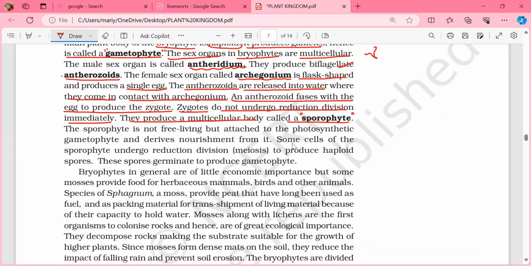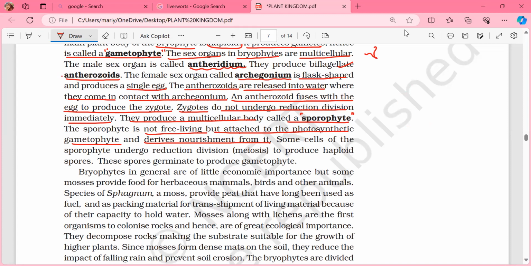Now this sporophyte that we are talking about is not free living, but it stays attached to the photosynthetic gametophyte and derives nourishment from it. So for example, if this was the gametophyte, and after that the zygote was formed, the sporophyte will stay attached to it and derive nourishment from the gametophyte.